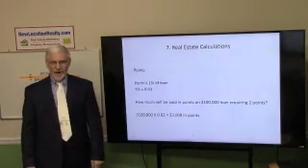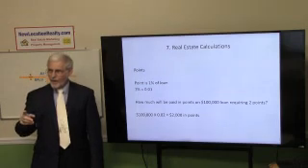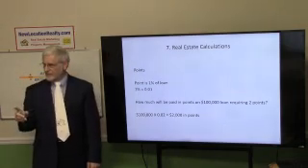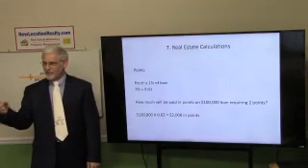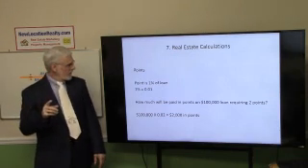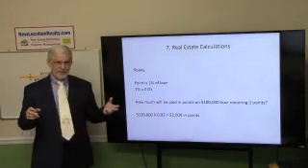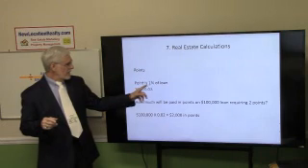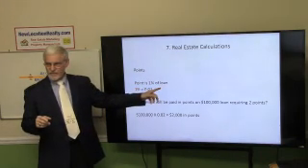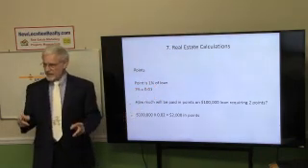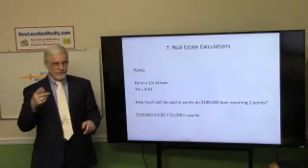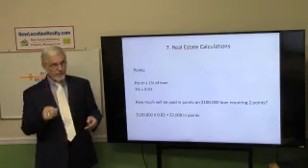Points. A point is 1%. You'll see it associated with a couple of different things. Normally it's going to be the loan amount. Your origination fee on a loan is usually their base rate is 1%.